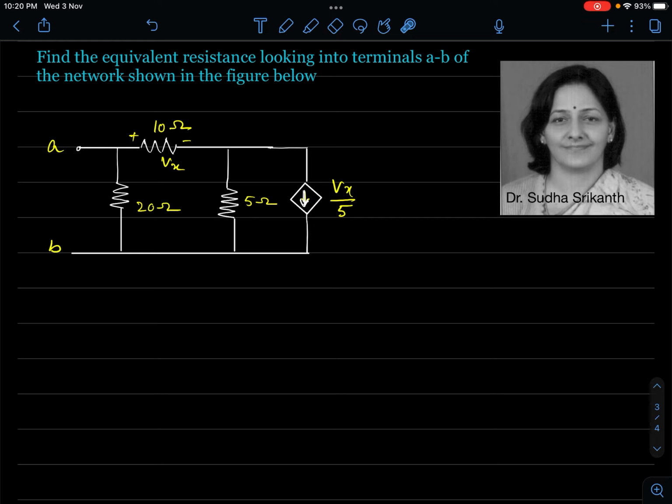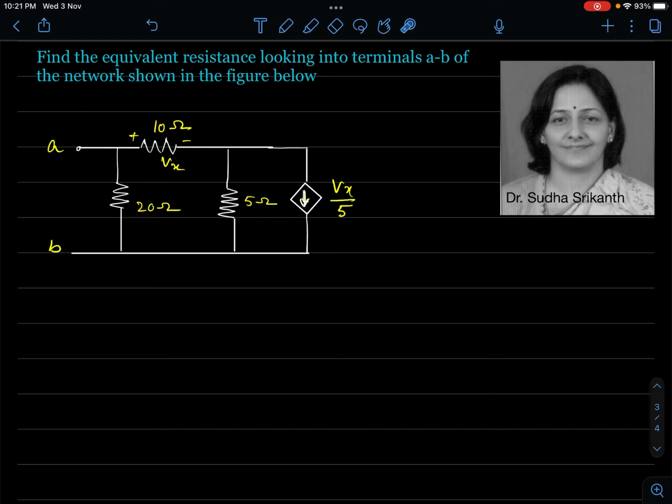How did I say so? This is a dependent source because of the shape itself, rhombus-shaped. It has an arrow within it pointing downwards. That means it is a current source. If it were a voltage source, we would have had something like this, a diamond-shaped figure with positive, negative inside it. Okay, this has got an arrowhead, which goes to say that this is a current source.